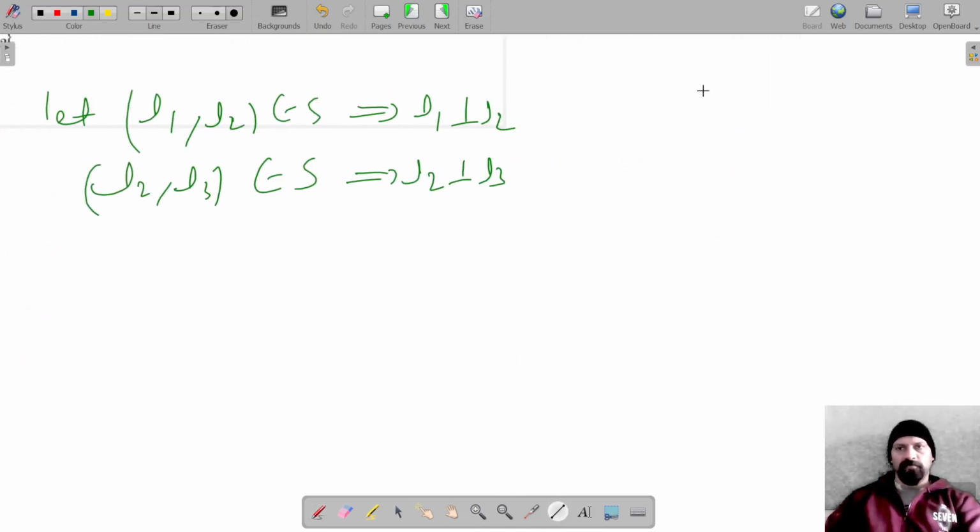So let's try to visualize this. Let's say this is L1, which is perpendicular to L2, and now L2 is perpendicular to L3.